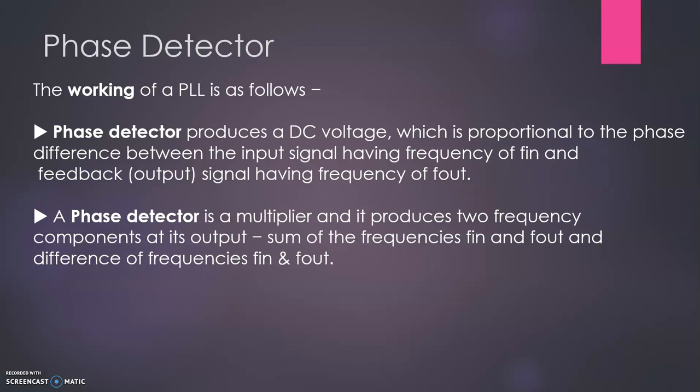The loop is locked when these two signals are of the same frequency and have a fixed phase difference. The phase detector is a multiplier and it produces two frequency components at its outputs: the sum of the frequencies Fin and Fout, and the difference of the frequencies Fin and Fout. Basically, the phase detector works as an XOR gate.